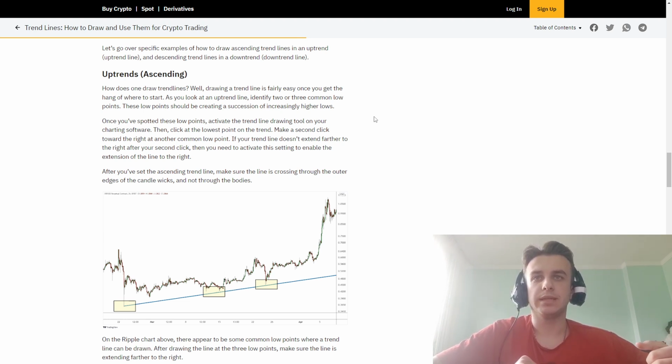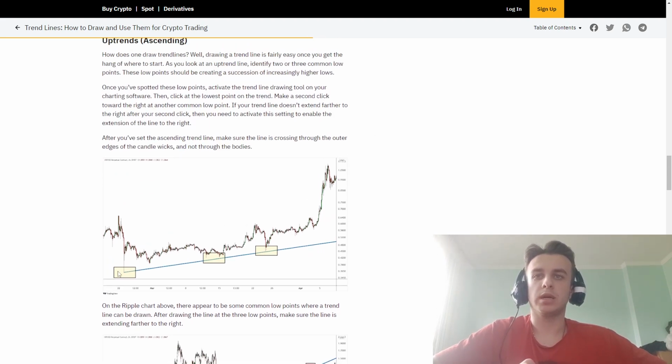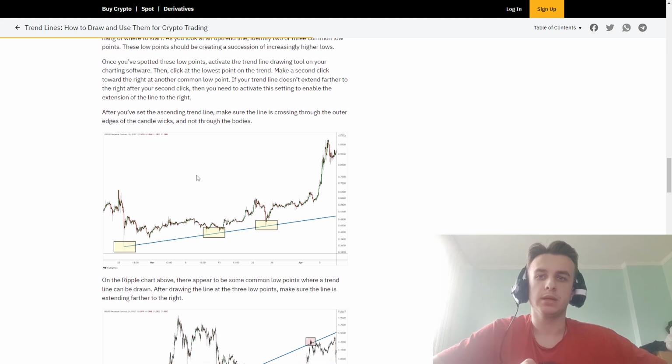After you set the extension of the trend line, make sure the line is crossing through the outer edge of the candle wicks and not through the bodies. It's one under point, two under points, and a last under point, and the trend goes up.